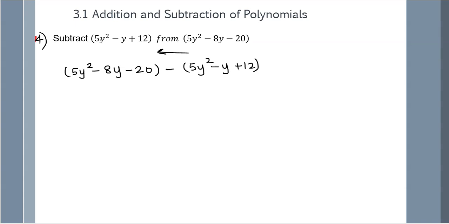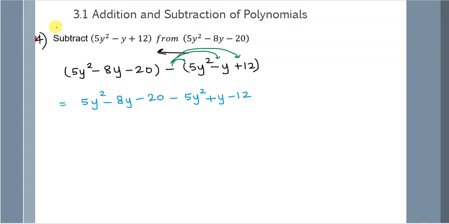So you move from left to right. And then, as we did in the previous example, multiply this minus sign inside with each term. This gives you 5y square minus 8y minus 20 minus 5y square plus y minus 12.